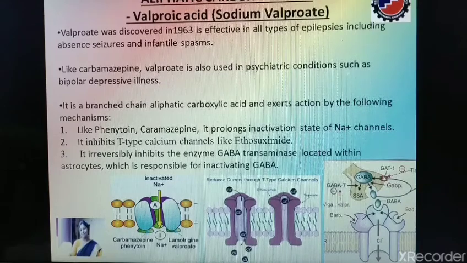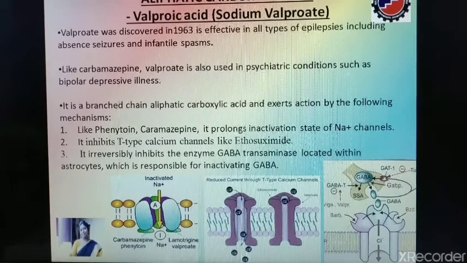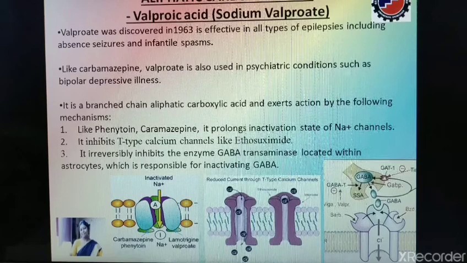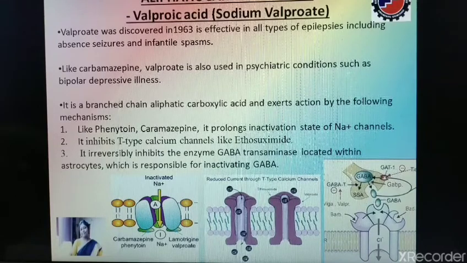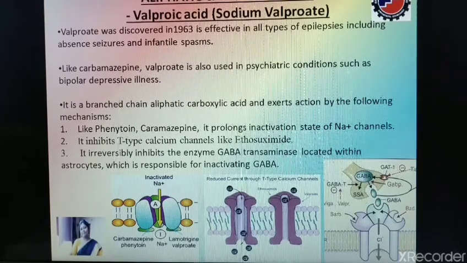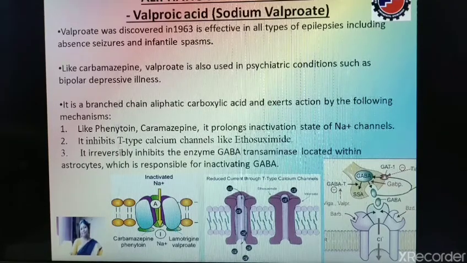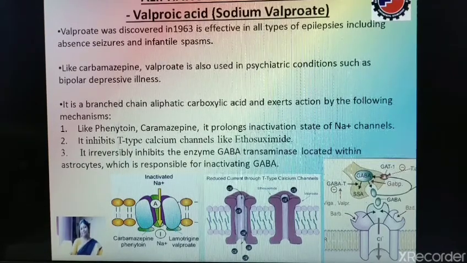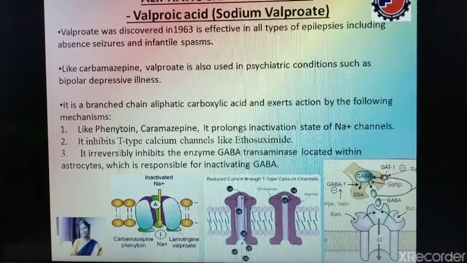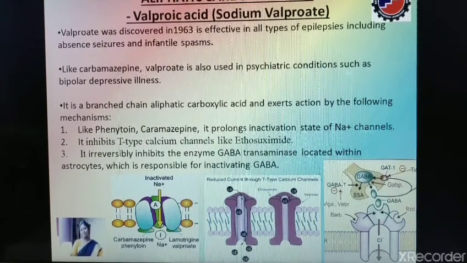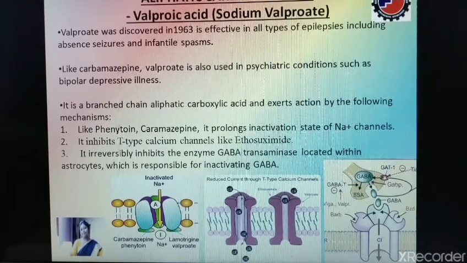Till now, we have seen that the majority of the drugs show their mechanism of action by any one pathway, either by prolonging the inactivation of sodium channels, or by inhibiting the T-type calcium channels, or by blocking the GABA transaminase action. But in this case, valproic acid shows all these 3 mechanisms. So let us take a look into that.